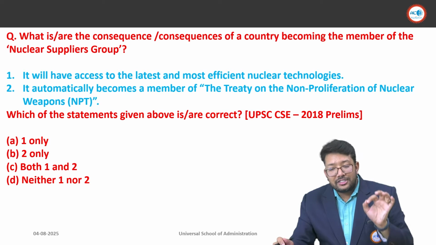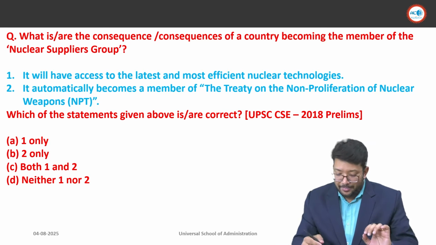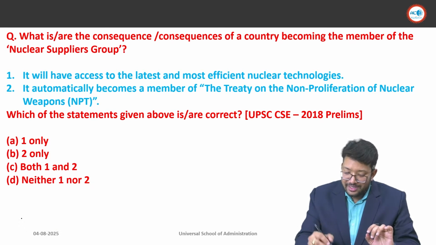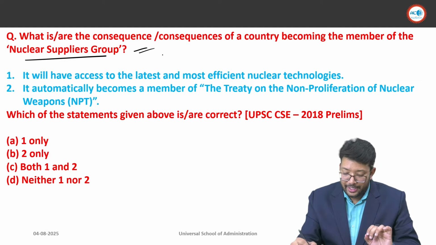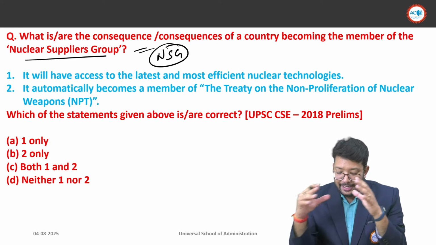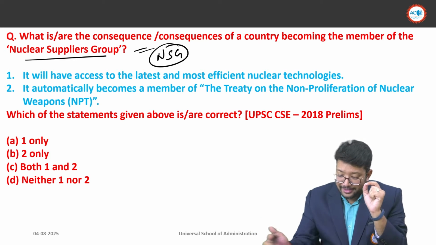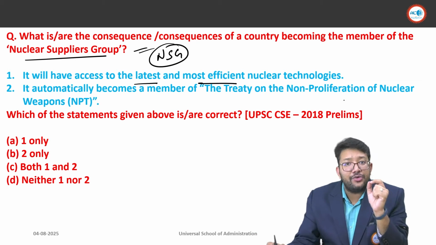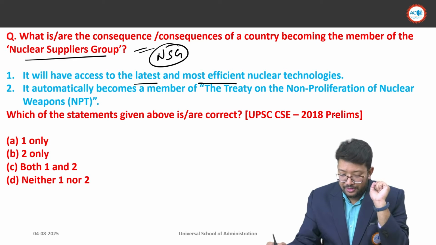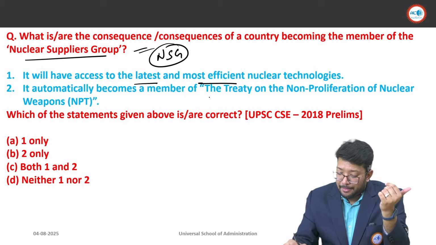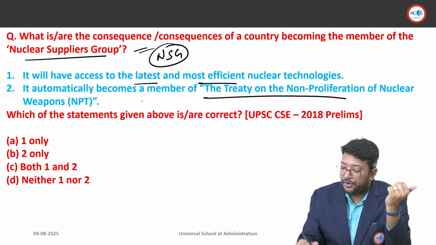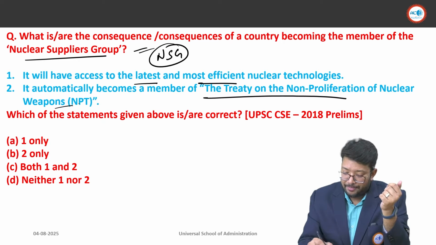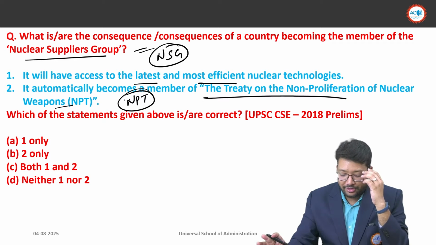What are the consequences of a country becoming the member of Nuclear Suppliers Group, NSG? First option is that it will have access to the latest and most efficient nuclear technologies. Second option, it automatically becomes a member of the Treaty on the Non-Proliferation of Nuclear Weapons, NPT. Let's break down the first one.